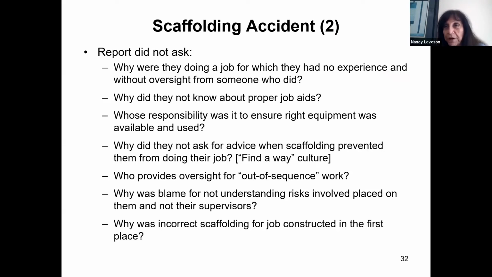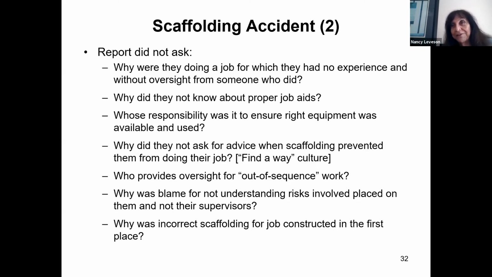Why was there nobody providing oversight on this? Why did they not know about the proper job aids? Whose responsibility was it to ensure that the right equipment was available and used for these dangerous jobs up on scaffolding?